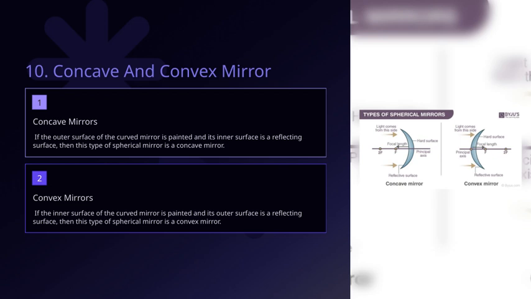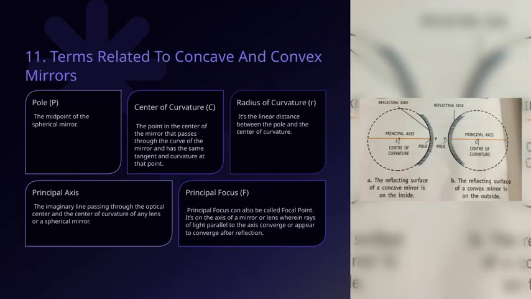Connecting to our overall theme of optical devices, understanding these differences helps us grasp how the shape of a mirror influences the way light behaves and images are formed. So, whether it's a concave or convex mirror, the key lies in which surface is reflective and how that shape affects the reflection.